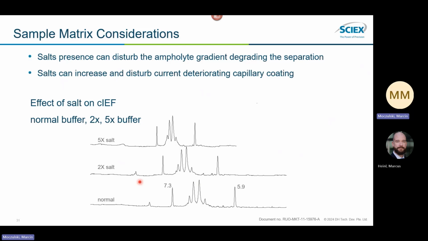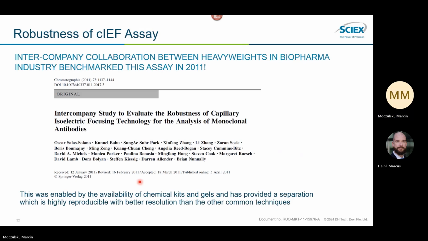Too high conductivity increases temperature inside, which negatively impacts the capillary coating. Hence, again, to be stable with gradient determination and to elongate the shelf life of a capillary, the best approach is to reduce salts present in the sample matrix we mix with master mix during sample preparation.